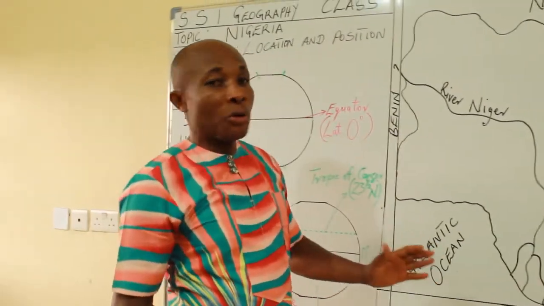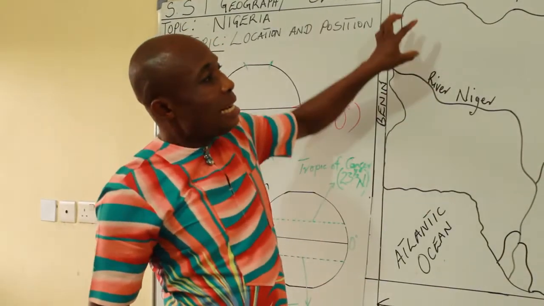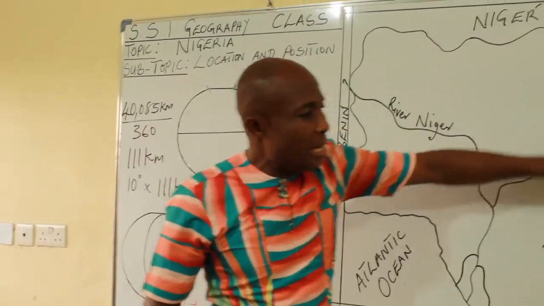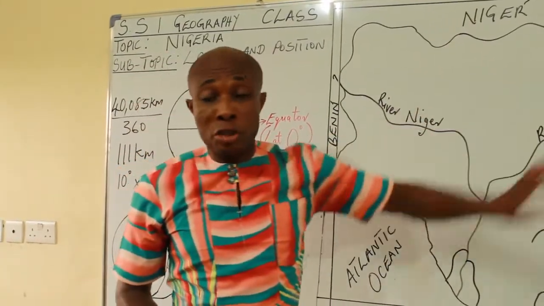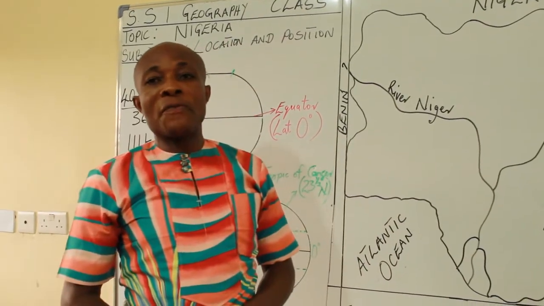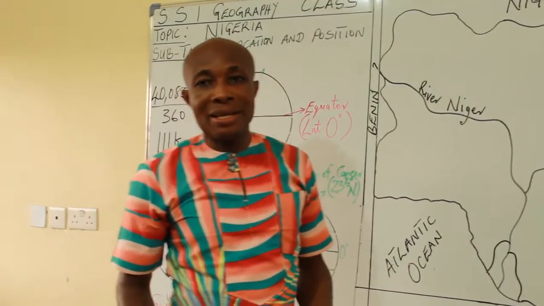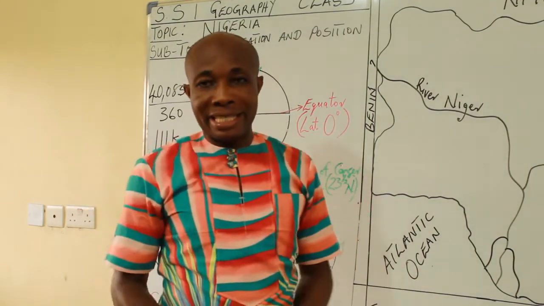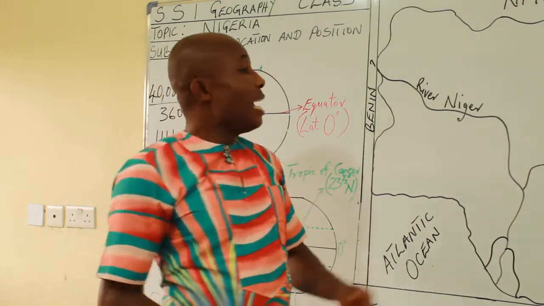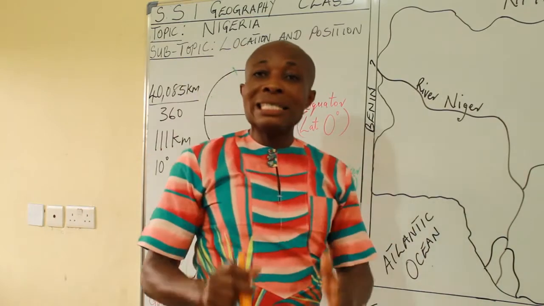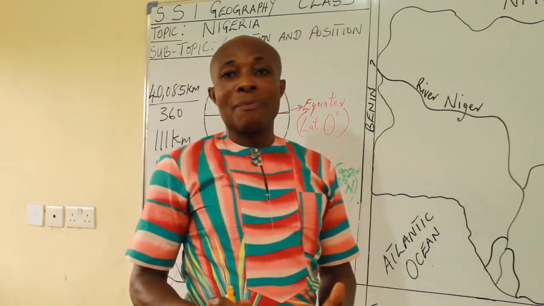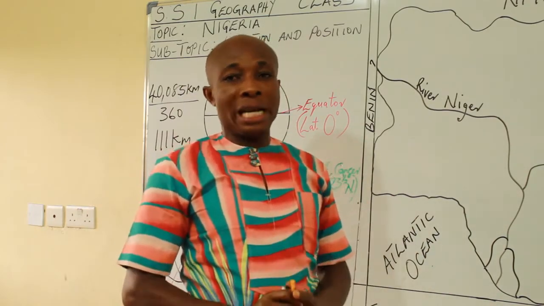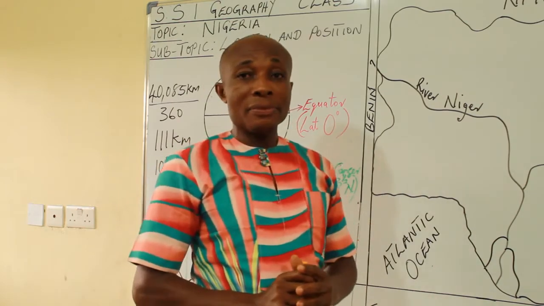Now that you have known all this, we now want to determine the political division of Nigeria. What am I saying? Political division simply means the number of states in Nigeria. And in Nigeria we have 36 states plus the Federal Capital Territory, which is Abuja.